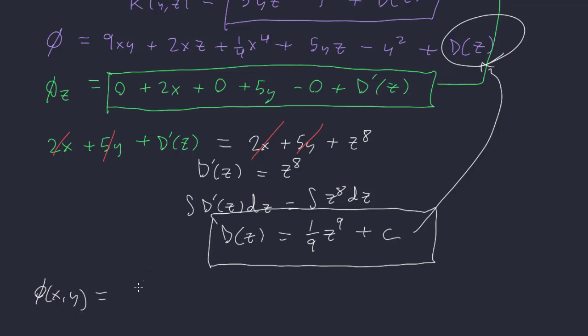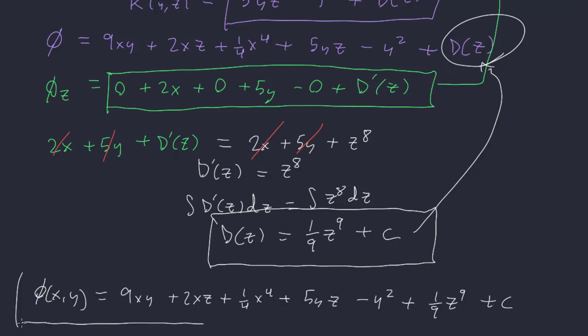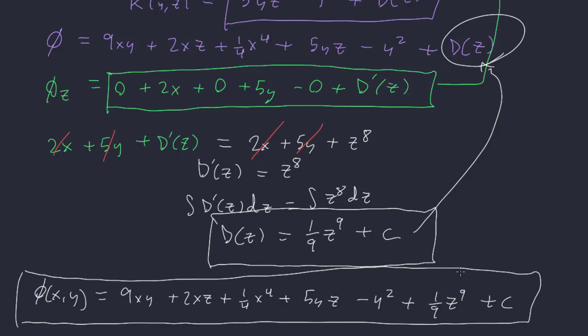So phi of xyz will be 9xy plus 2xz plus 1/4 x to the 4th plus 5yz minus y squared plus, and now we're replacing the d of z with 1/9 z to the 9th plus c, and there we go. There's our final potential function.